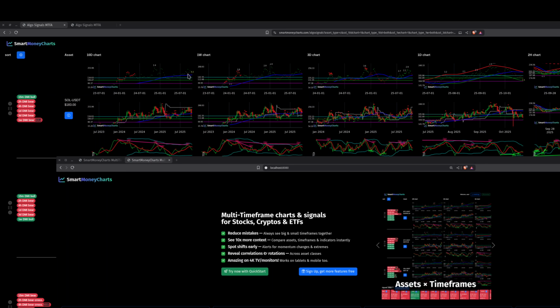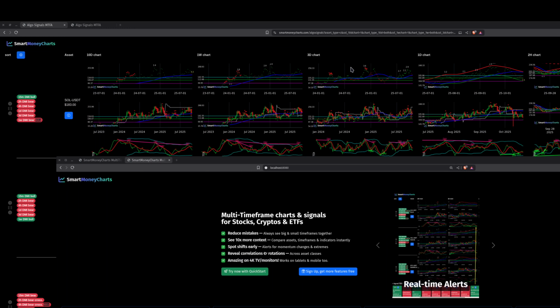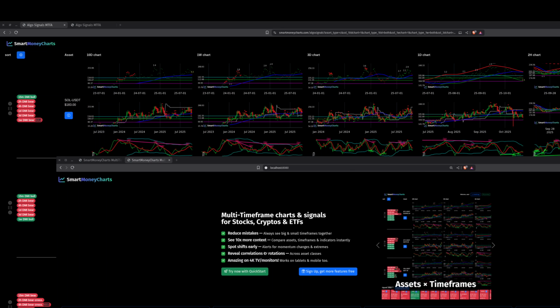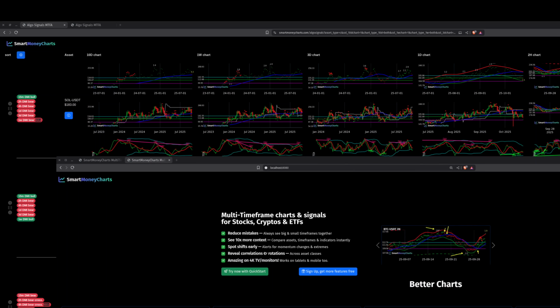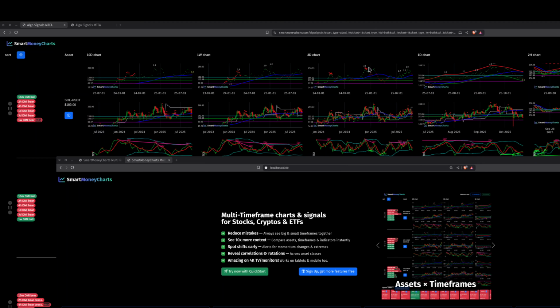So this lets you see, on a 4K screen, all the time frames from 10-day, 1 week, 3-day, 1 day, 2-hour chart, 15-minute, and there's even more. It lets you see all of them together so you can read them left to right. And that's the way you would do multi-time frame analysis traditionally.